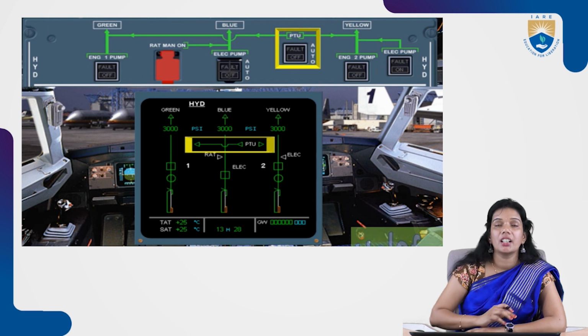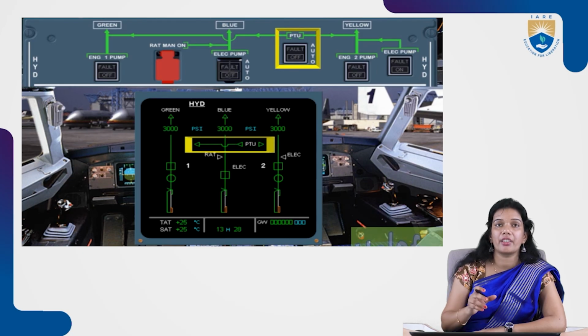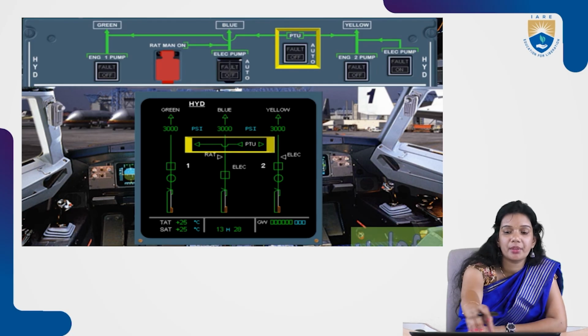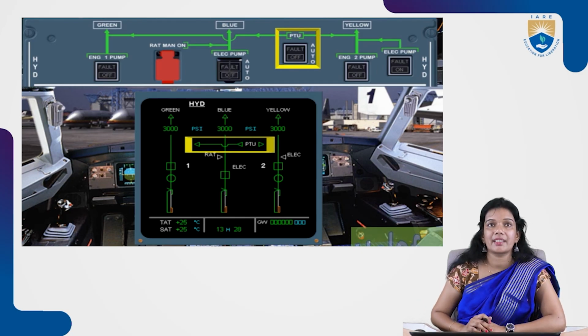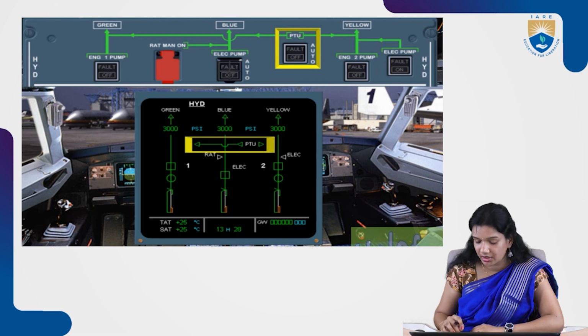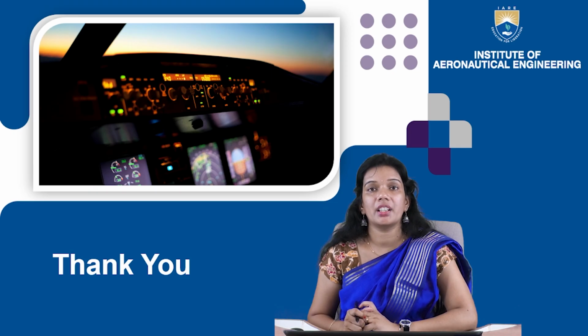So what exactly is the pilot's visibility here when he's sitting in the cockpit and trying to view the hydraulics, and also what exactly is going on when the ram air turbine is on, or when the APUs are on, or when the power transfer is taking place, or if the electrical drives go wrong, then how hand pumps come into the picture, and so on, right? So that is all the different types of hydraulic channels of the Airbus A320, right?